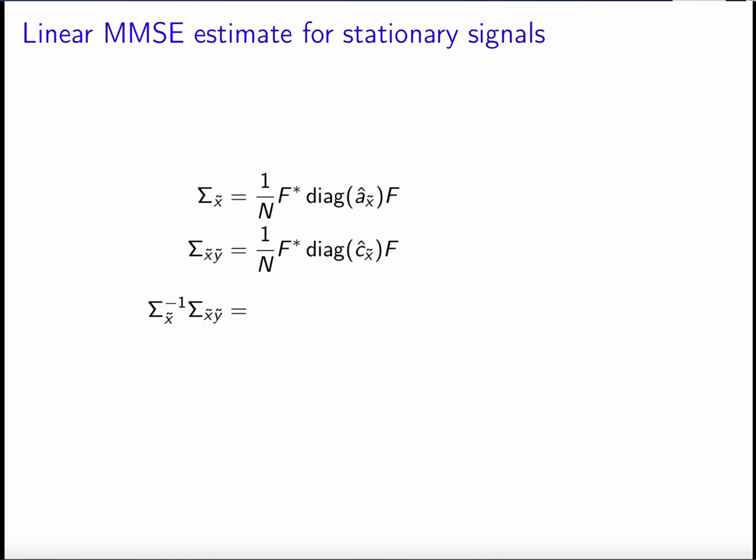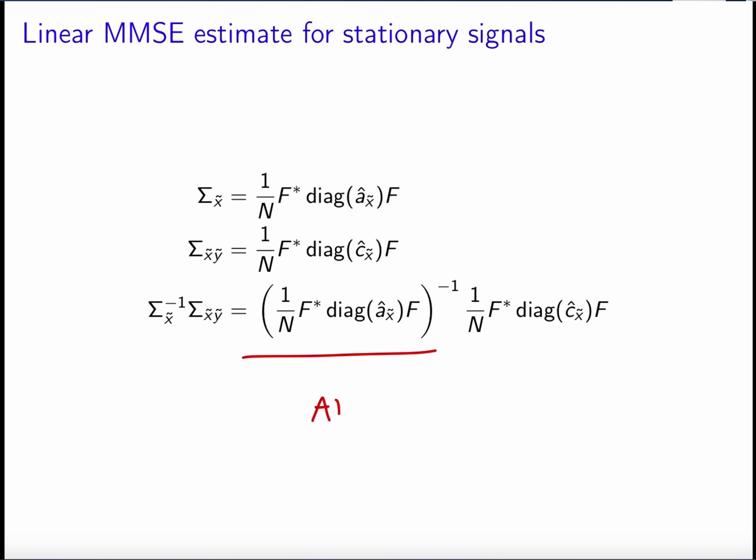So now we can go back to our formula for the best matrix that maps x to y, and it turns out that that matrix is going to be given by this expression. When we compute the inverse of this, remember that the inverse of A, B, C is just equal to C inverse, B inverse, A inverse.